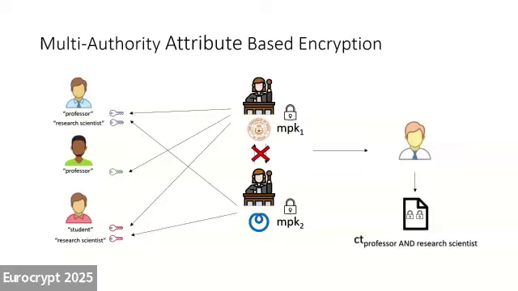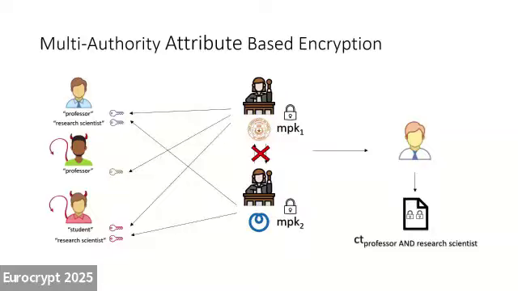But crucially, they shouldn't need to coordinate at all, and we should still achieve the same functionality as a regular ABE scheme, where, say, this first user should be able to take these two key components he got from these independent authorities and use them to decrypt the ciphertext.